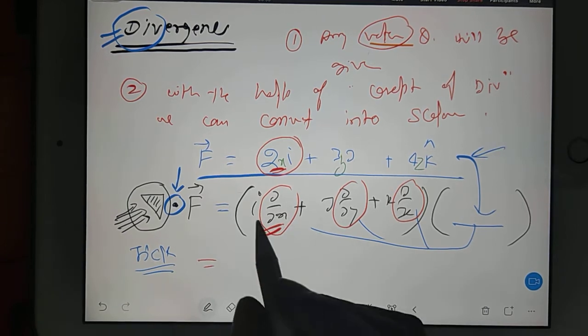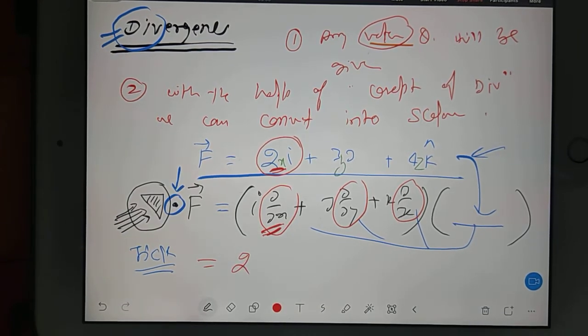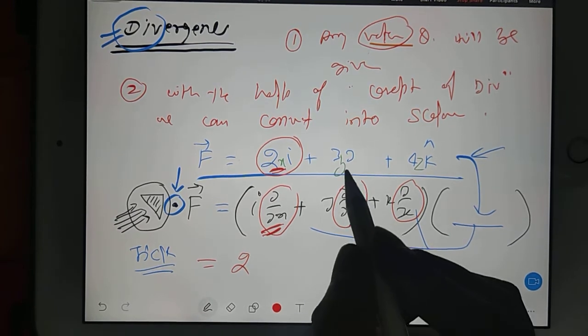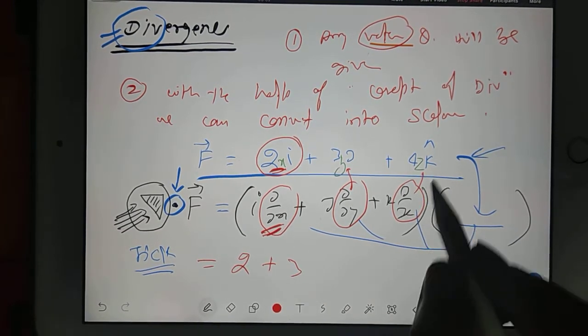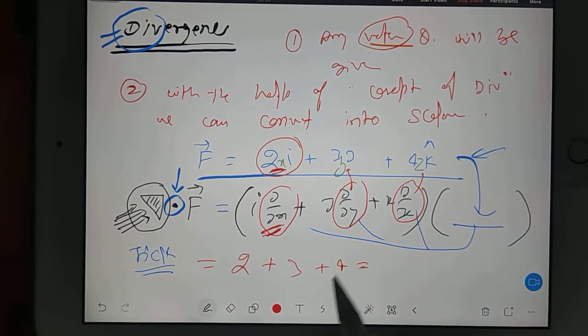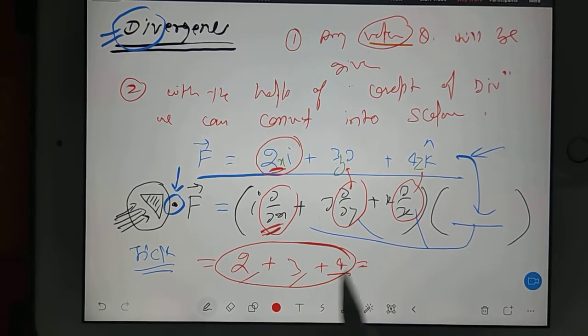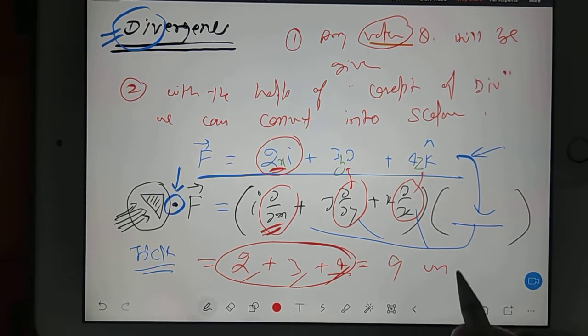This part will give you 3. This part will give you 4. So adding, 2 plus 3 is 5, and 4 makes 9. So this 9 unit is coming.